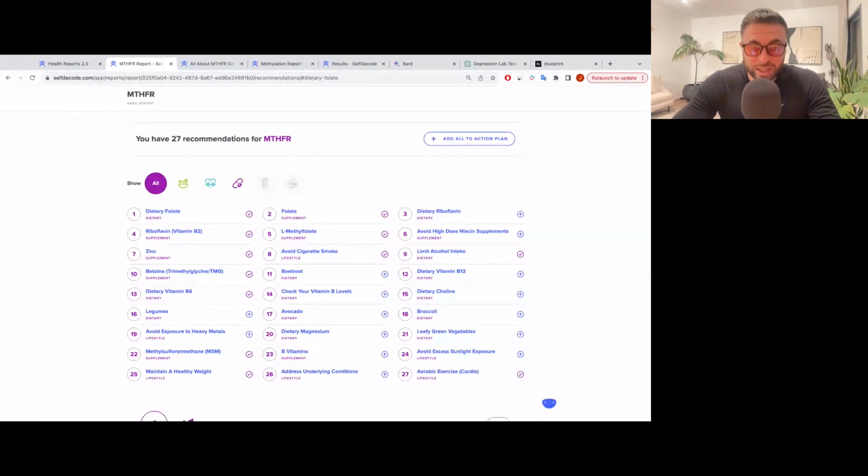So if we look at the list again, the things that I try to do: I don't like to always think about what I'm eating, if I'm getting enough of nutrients. So I just take a supplement with riboflavin and methylfolate and other B vitamins as well, by the way, B12, B6. So I get all of those B vitamins there. I measure my B vitamin levels to make sure they're in the optimal range.